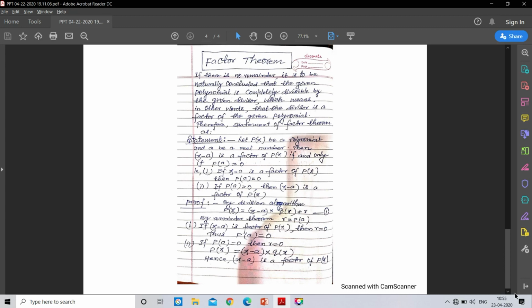So in the first case, if x minus a is a factor of p(x), then r is equal to 0. Thus p(a) is equal to 0. In the second case, if p(a) is equal to 0, then r is equal to 0. On such conditions, p(x) is equal to (x minus a) multiplied by q(x). Hence, x minus a is a factor of p(x).